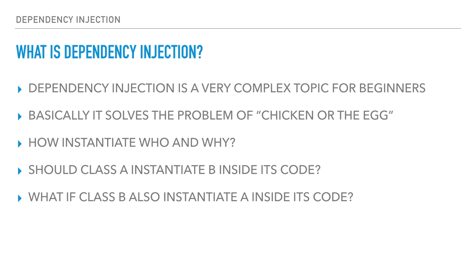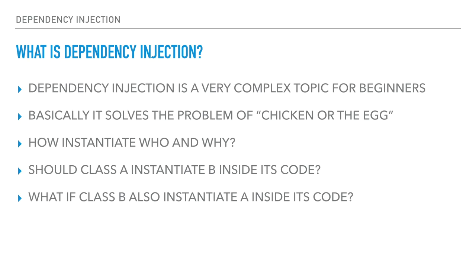Okay, so what is dependency injection? Basically, it's about who instantiates who. So if we have a class A that needs an instance of a class B, normally in Java or in C# or even in plain JavaScript, we will do something like new class B, and then we pass in parameters.